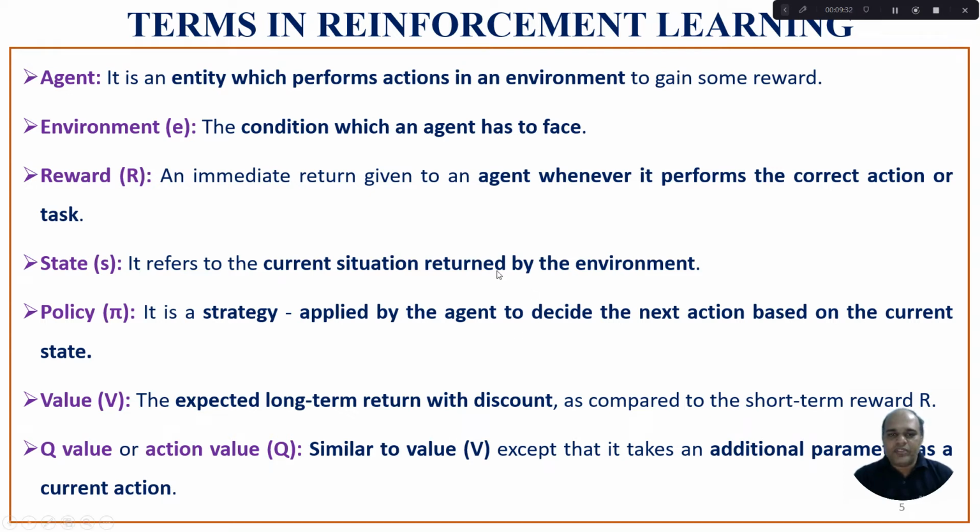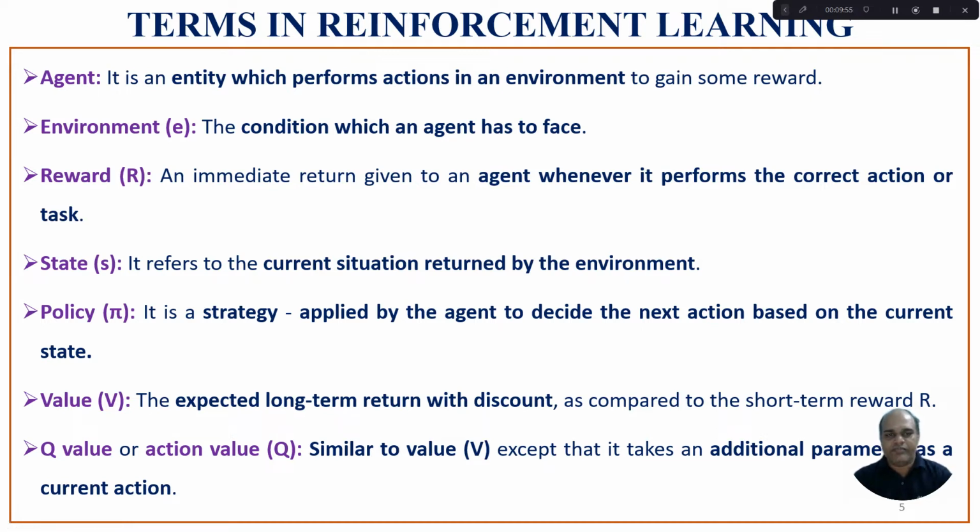So we need to know certain terms to have a better understanding of reinforcement learning. The agent is nothing but the entity which performs actions in an environment to get some reward. In our case, we are going to consider a robot put into an unknown environment.